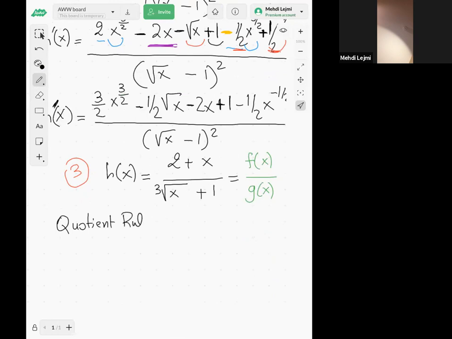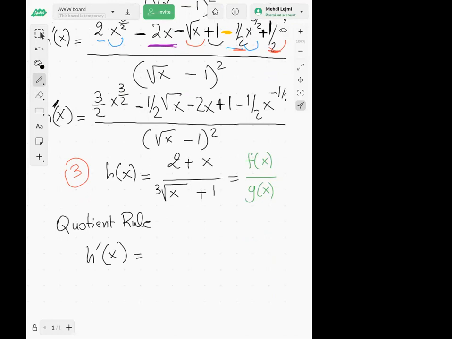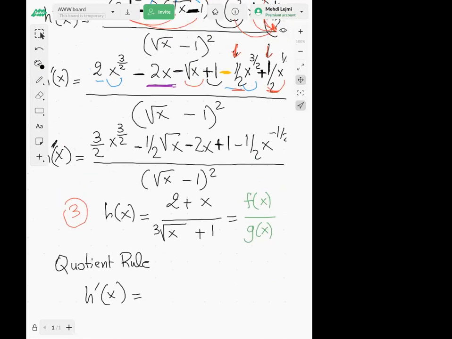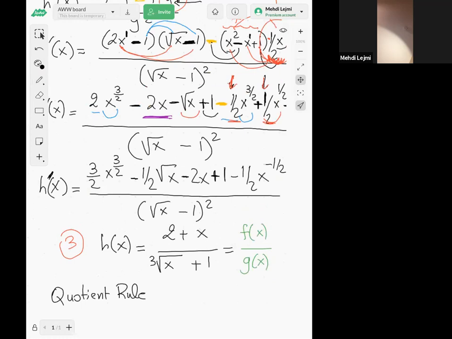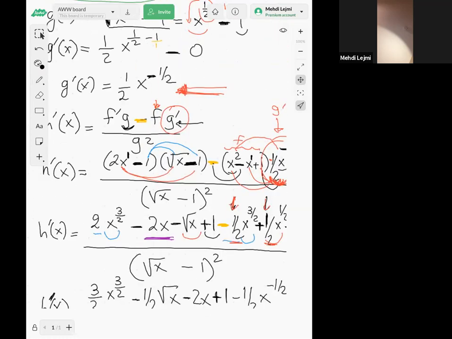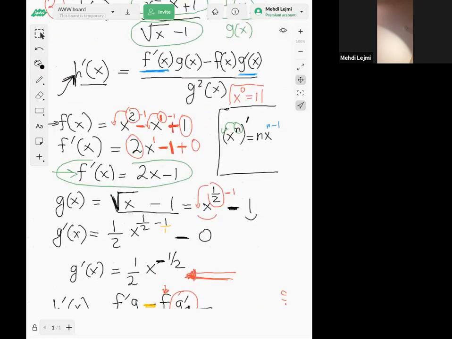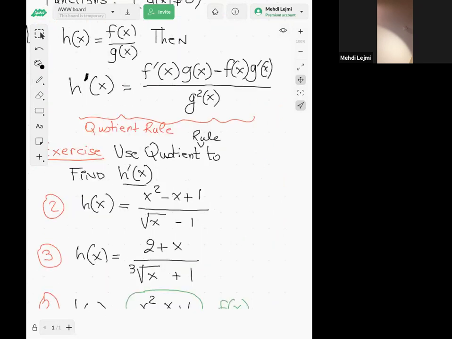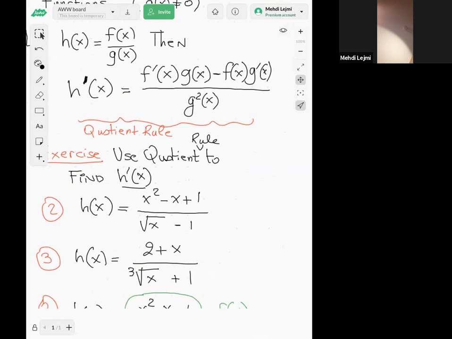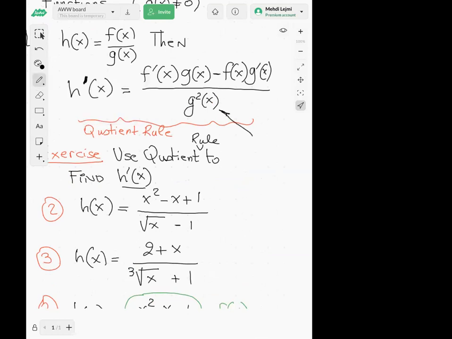So we need to compute h prime of x. Professor, I have a question. Yes, please. I notice every time we do this, you square the denominator. Can you explain why? That's because of the formula of the quotient rule. You see here, the denominator is g squared.